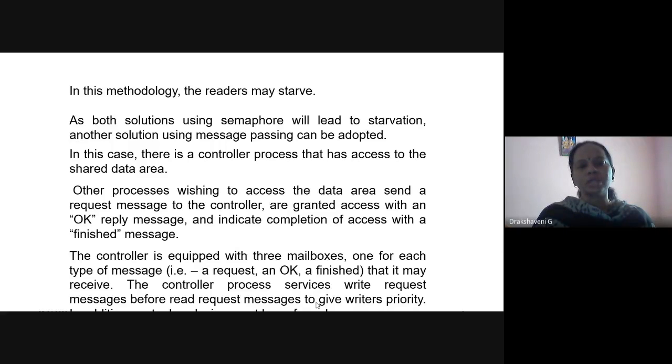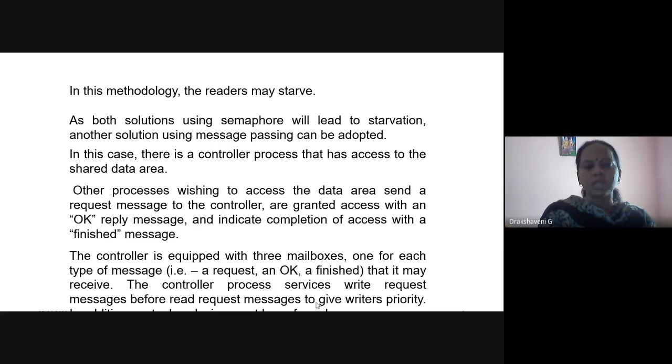So to overcome this, another solution using message passing can be adopted. In this case, there is a control process that has access to the shared data area. Other processes wishing to access the data area send a request message to the controller, are granted access with an OK reply message, and indicate completion of access with a finished message.